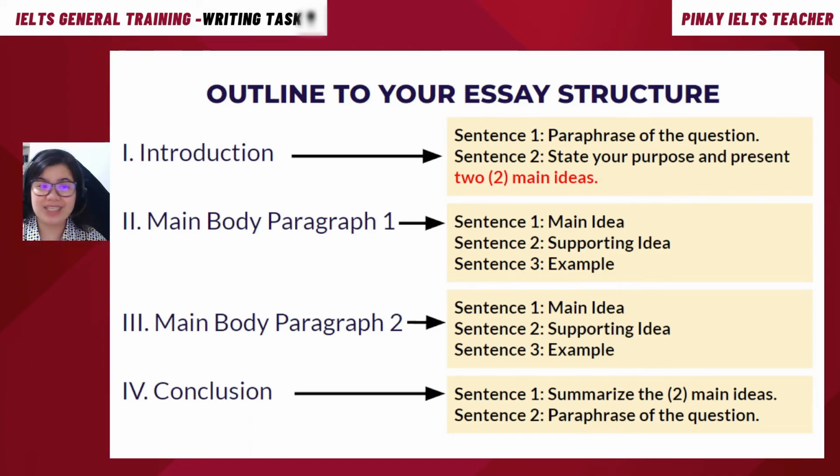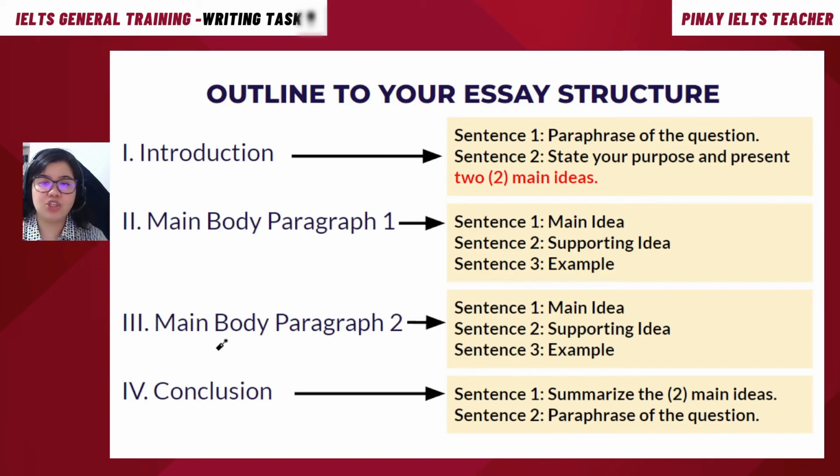So if you notice, the essay type is always just asking you to organize 2 ideas, always just 2. And those 2 ideas, you split them into main body paragraph 1 and main body paragraph 2. For example: advantages, disadvantages, problem, solution, cause, effect, question 1, question 2, discussion view 1, discussion view 2.